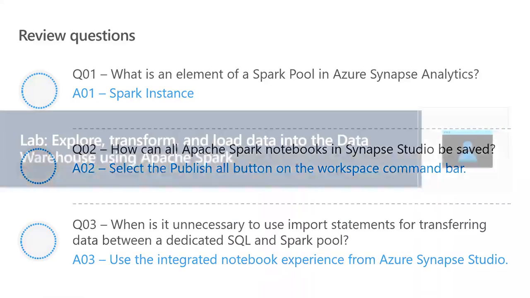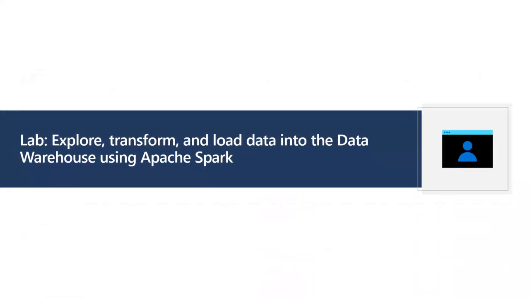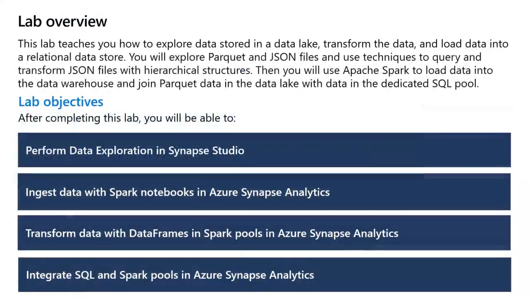All right, people. Now, after the second module of today, after module 6, you'll be able to get into the lab, doing a couple of tasks there. You can explore data, transform data, and load it, playing with Parquet and JSON files, running queries, and seeing some hierarchical structures.